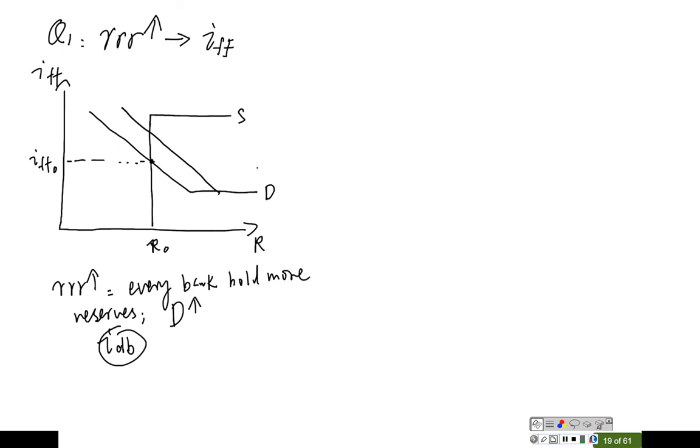So when the demand curve shifts to the right, we can find the new equilibrium point, IFF1. We now can make a conclusion: if the Federal Reserve raises the required reserve ratio, it will push up the federal funds rate.